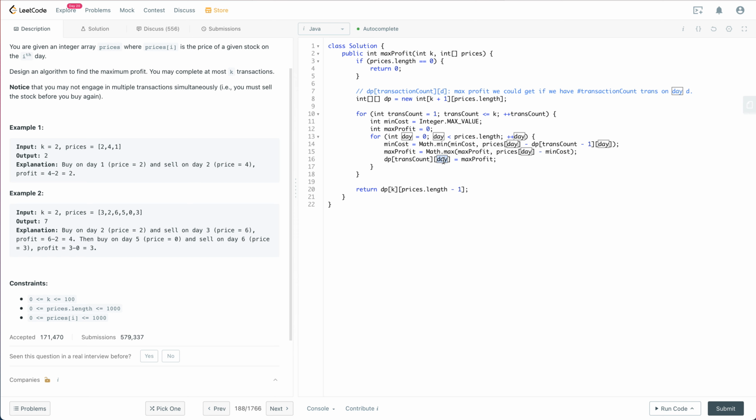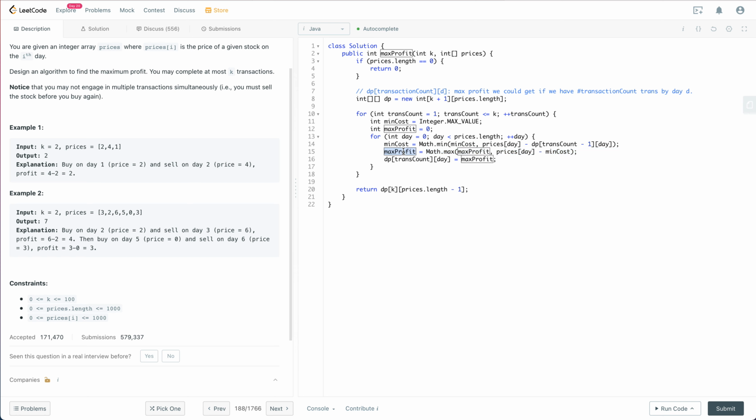So the maximum profit is the maximum between the current maximum profit and if we just sell a stock for today, by subtracting the cost we have got a stock before.